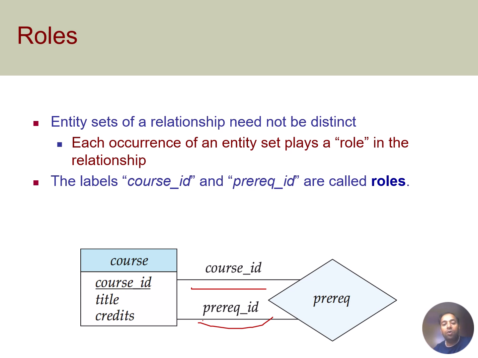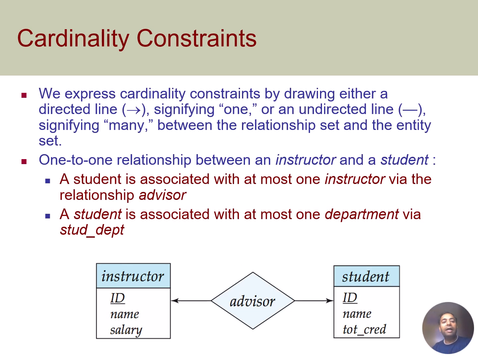Let us now look at how we represent constraints in relationships. Cardinality constraints show how many times entities can be involved in a relationship. We use arrows and lines to express these in an ER diagram.